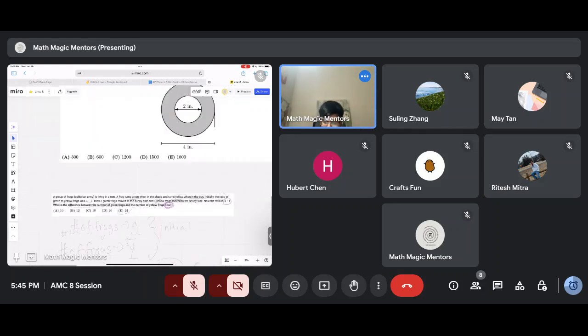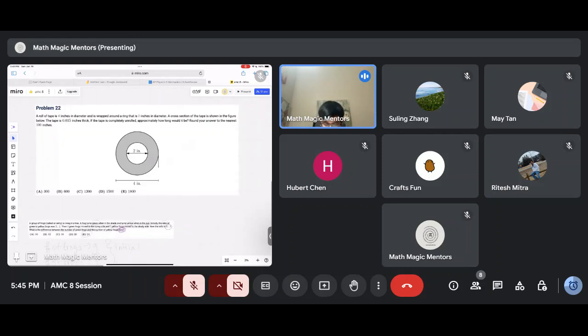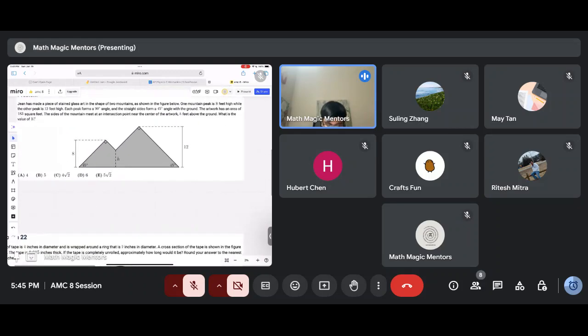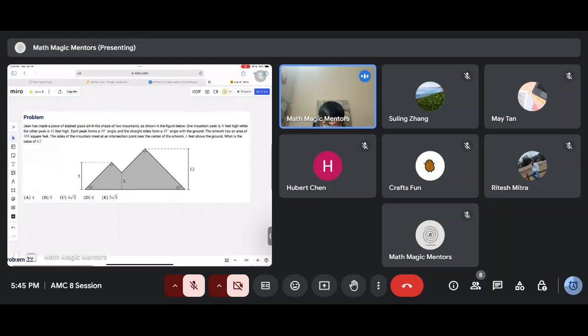All right. So now we'll do this problem. Actually, before we do this problem, I'd like to cover this problem. So this problem says John has made a piece of stained glass art in the shape of two mountains, as shown in the figure below. One mountain peak is 8 feet high, while the other is 12 feet high.